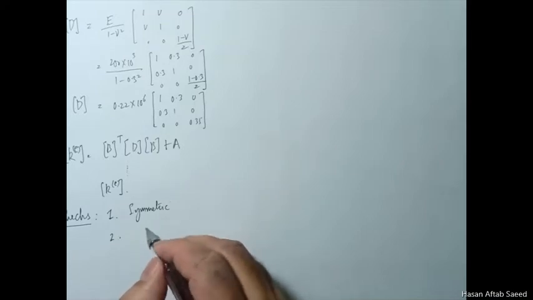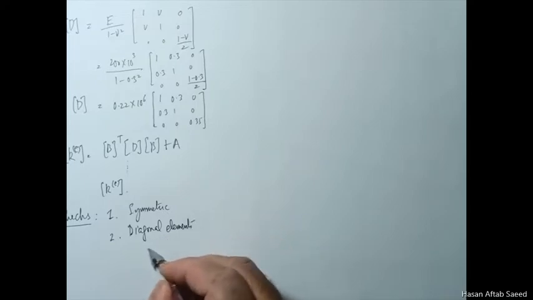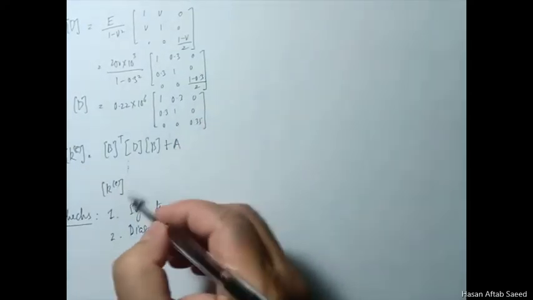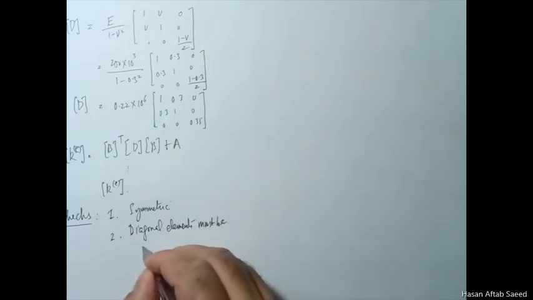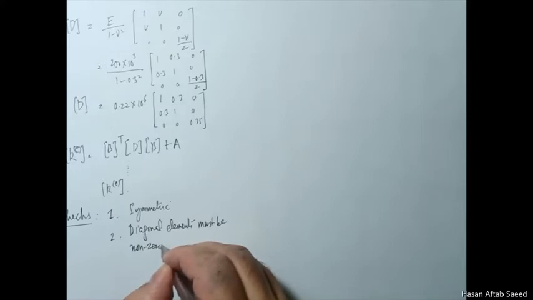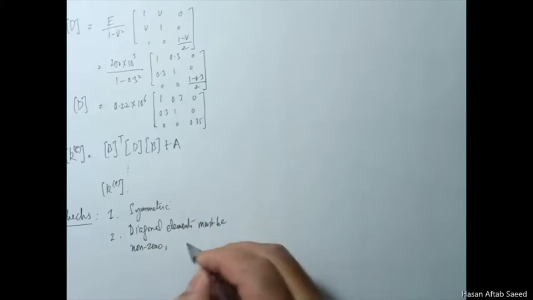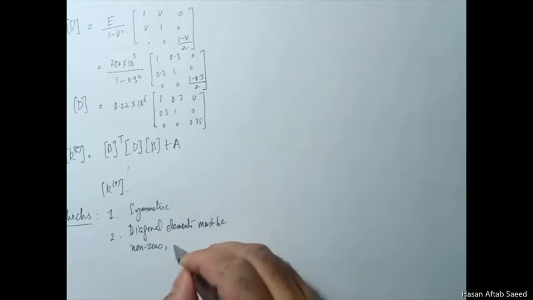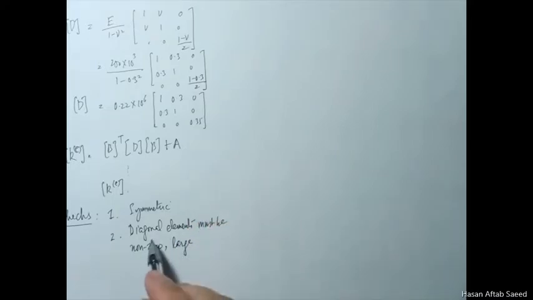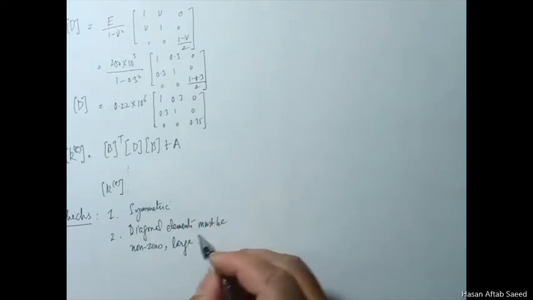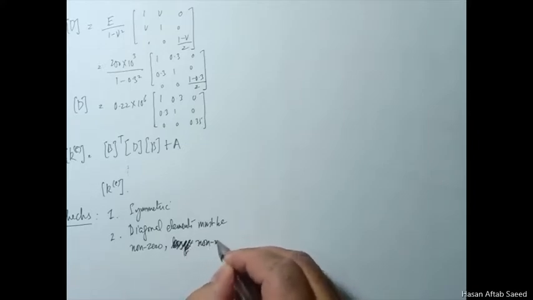Number 2, the diagonal elements. The diagonal elements of K must be non-zero, and usually they will be large as compared to the other values, and let's call it non-negative.